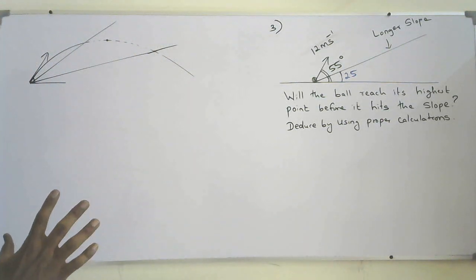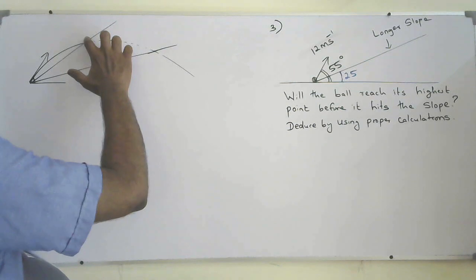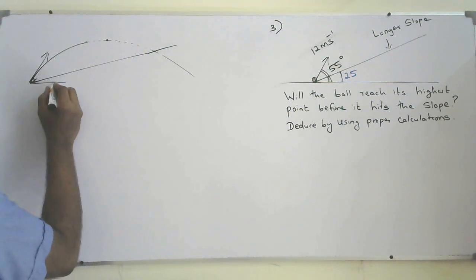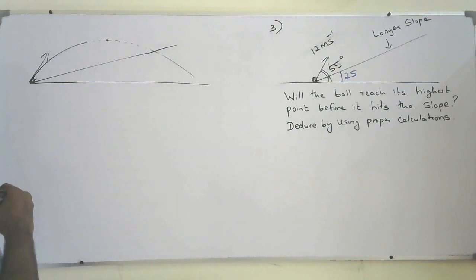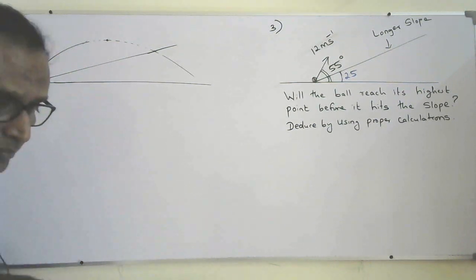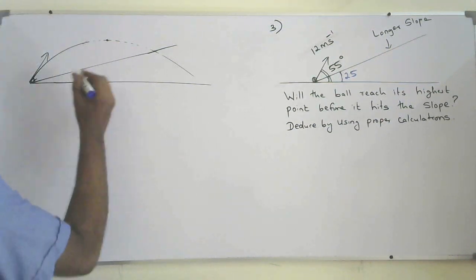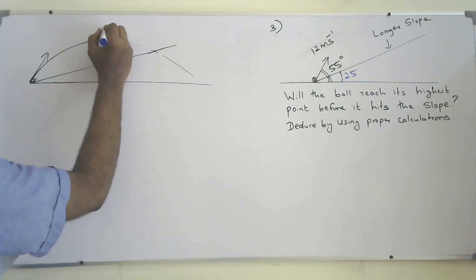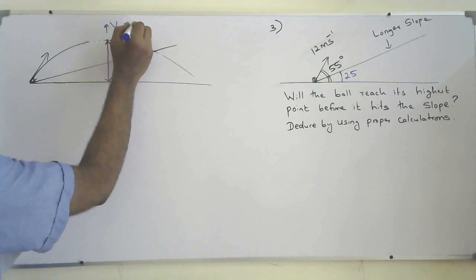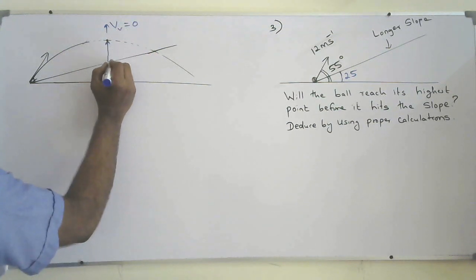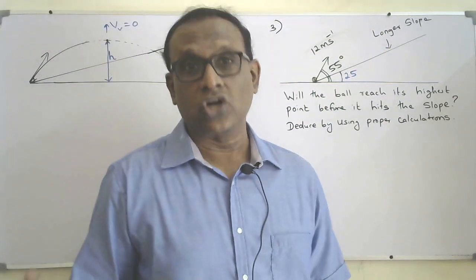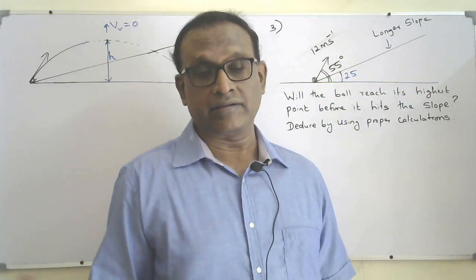I'm going to find the maximum height of the ball above the ground. This is the horizontal line. I will find this height, the maximum height of the ball. At the highest point, the vertical component of the velocity will be equal to 0, v_v equal to 0. So I can find the maximum height that could be reached by the ball if the slope is not there. Imagine the slope is not there, the ramp is not there.